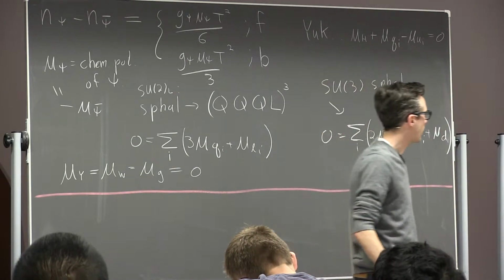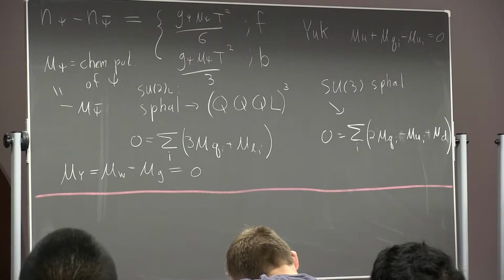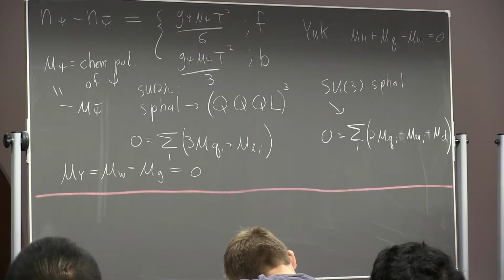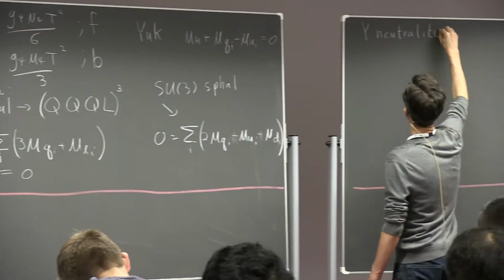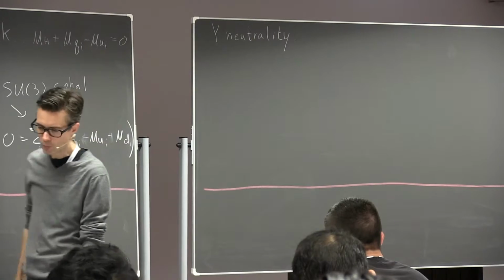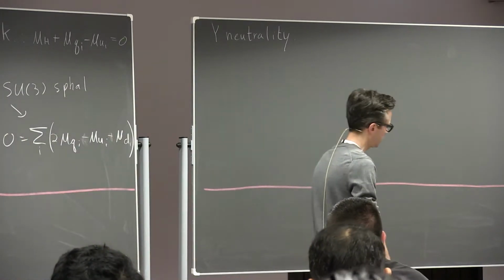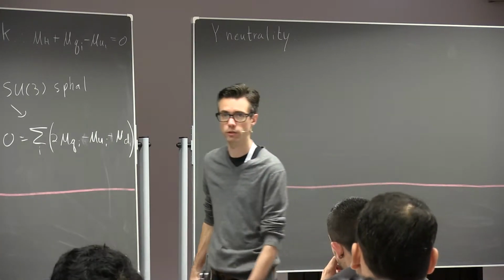Okay, so I take all these relations between chemical potentials. I add one more constraint, which is hypercharge neutrality. So I don't want a net charge plasma. Ultimately, this is related to electromagnetic charge neutrality.